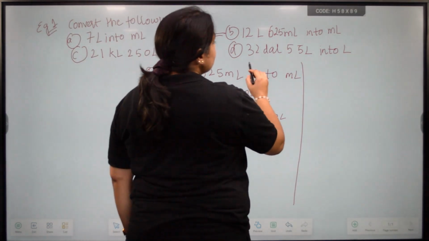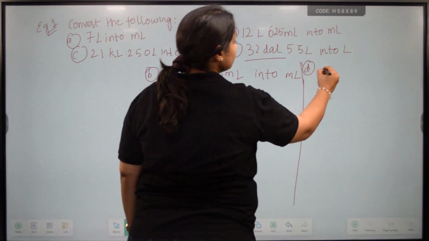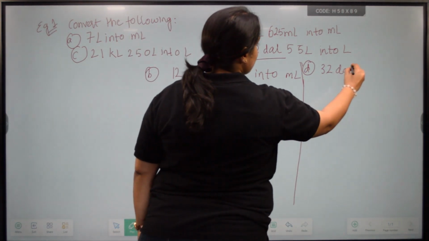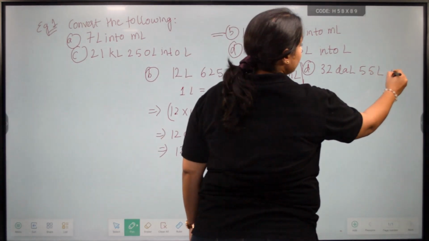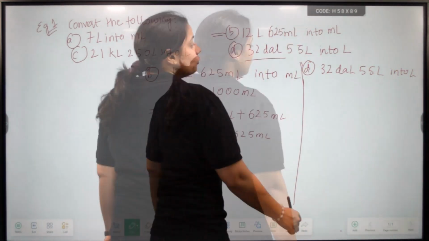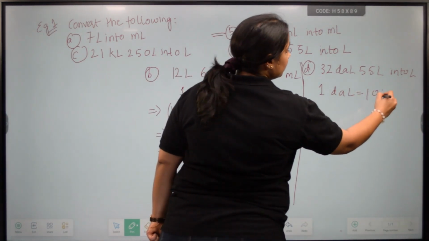Now I am doing part D. You can see that it is 32 decaliter, 55 liters into liters. We know that 1 decaliter is equals to 10 liter.